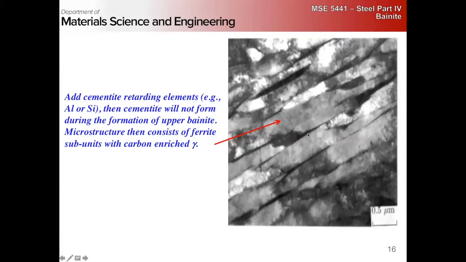That was why I said that the cementite is not a structurally necessary component of bainite, where it is with perlite, right? Perlite is this composite of ferrite and cementite that grew diffusionally, right? Bainite can be formed without the formation of cementite, right?